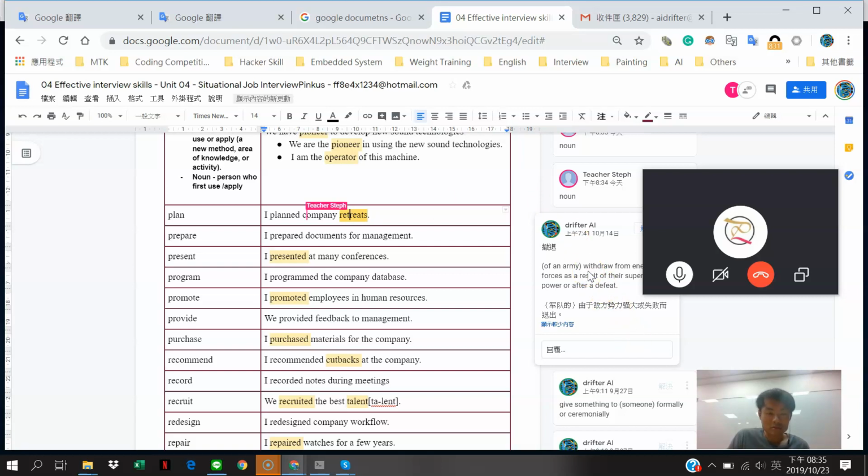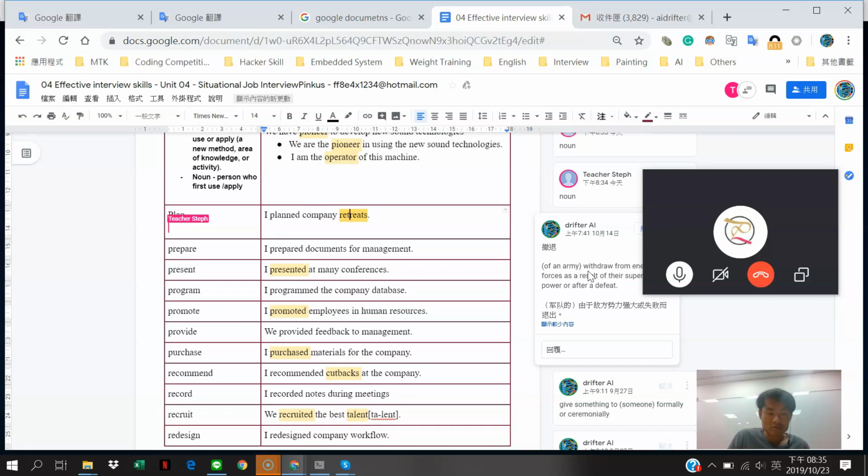Okay, so when you plan something, what do you do? You need to organize and list something you want, or you have a strategy to do something. Okay, right. So you make an arrangement, or you are going to decide on what to do, right? You organize something.